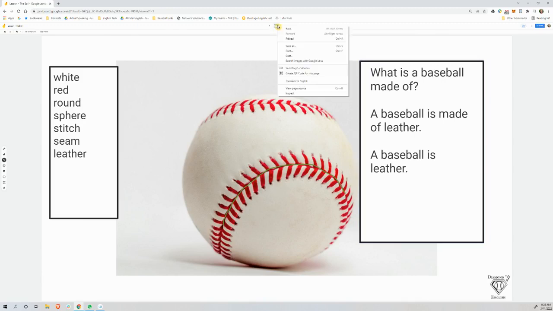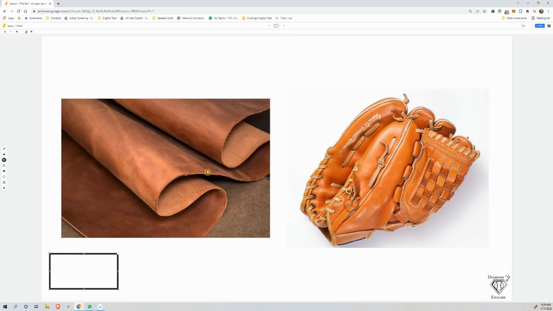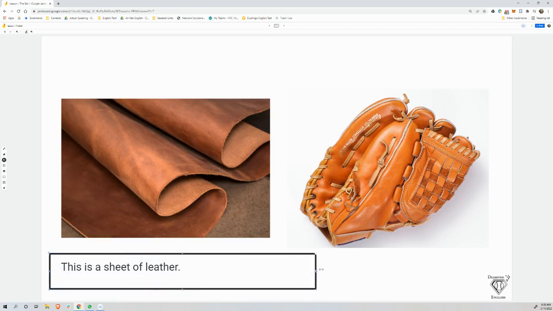What else is leather? So, this is leather. Okay, you could say this is a sheet of leather. A baseball is leather.